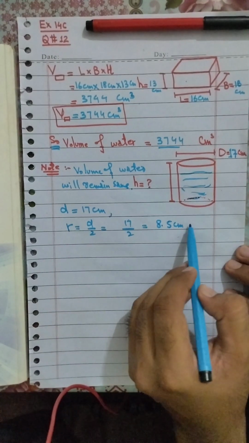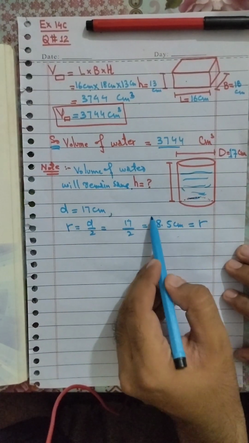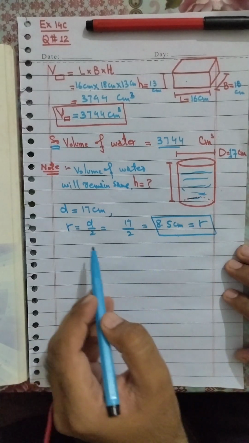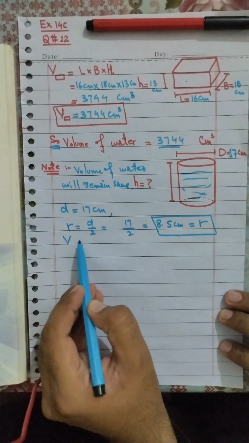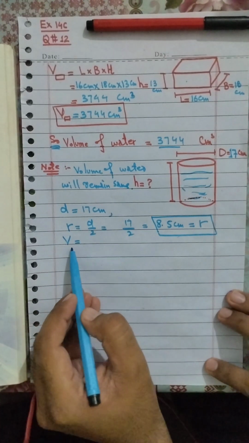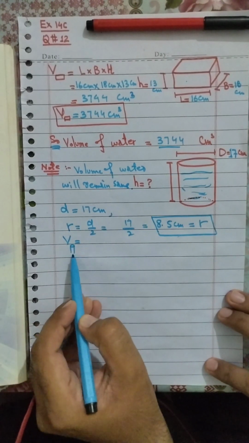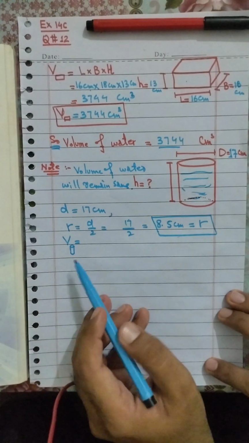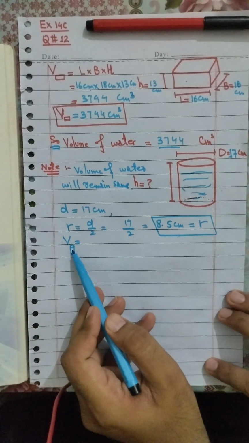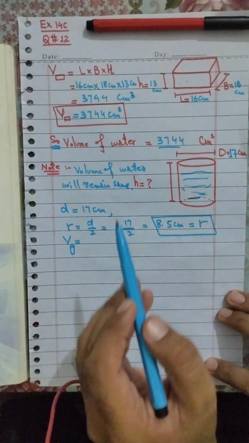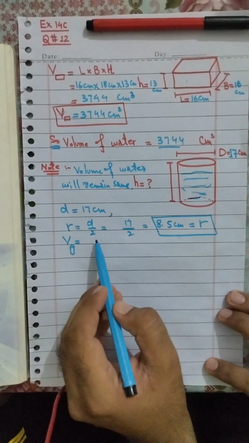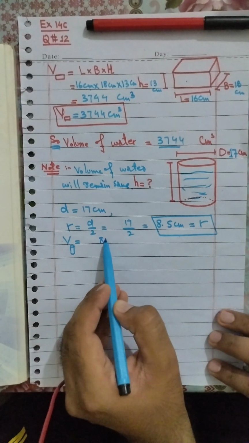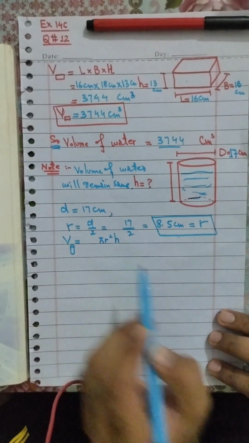Okay, so it is the radius of this cylinder. They want to know the height. We know that the volume of the cylinder is the same as the volume of the rectangular container. So it is given by pi r square h.